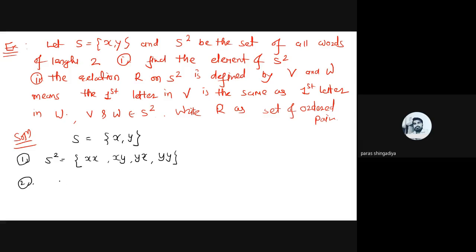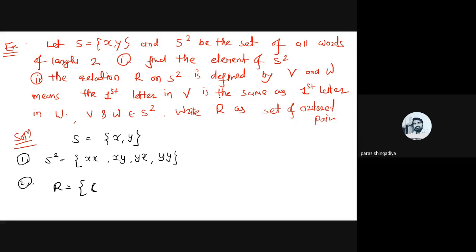We can consider that as R, equal to. Now you have to define such pairs, which will be part of S square cross S square, and we consider such pairs which will be our relation and satisfy this condition.